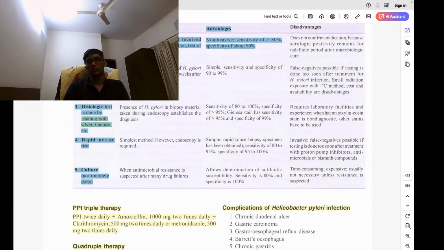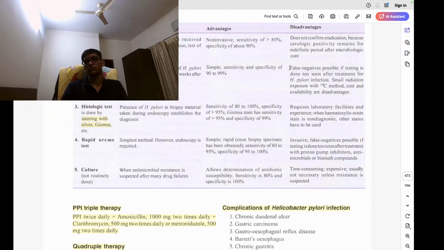Serological ELISA based does not confirm eradication because serological positivity returns for an indefinite period. False negative possible if done too soon after treatment. Small radiation exposure, and cost and availability are disadvantages. And histological test requires a laboratory.